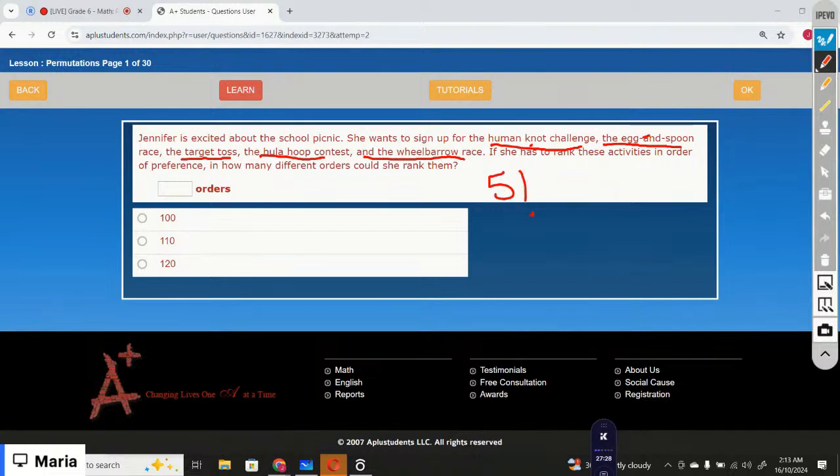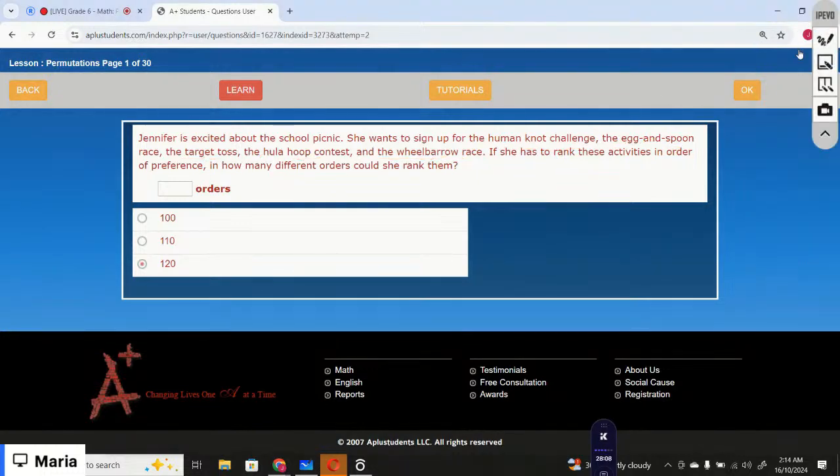So 5 factorial equals 120. So she has 120 different orders to do these 5 things, right? The correct option is 120.